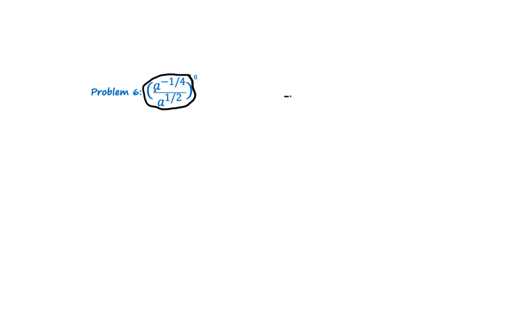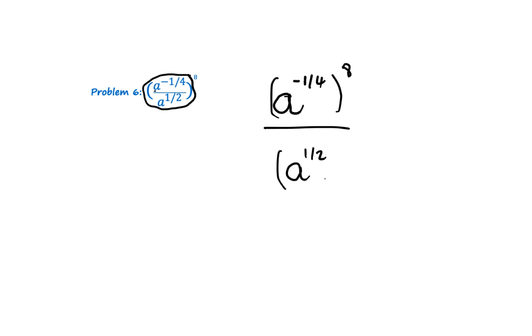So on the numerator, I will distribute it. So that's the same as, for those who want to see it this way, a to the power of negative 1/4, all to the power of 8, okay, over a to the power of 1/2, all to the power of 8. Okay, now the numerator, what do I have?